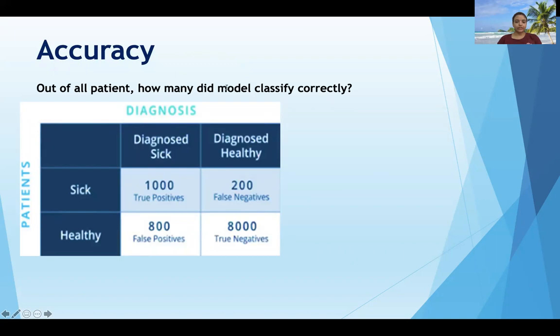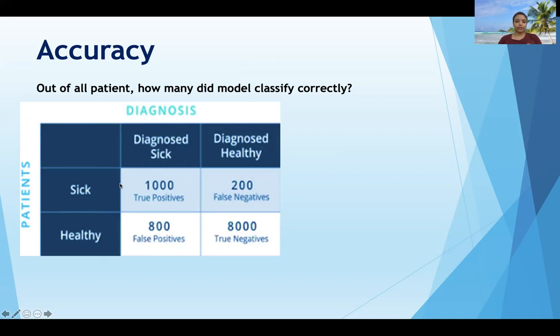That is accuracy. Here we have taken an example of diagnosing an illness, and we will find the accuracy. Accuracy means, out of all patients, how many did the model classify correctly? It is the ratio between the number of correctly classified points and the total number of points.